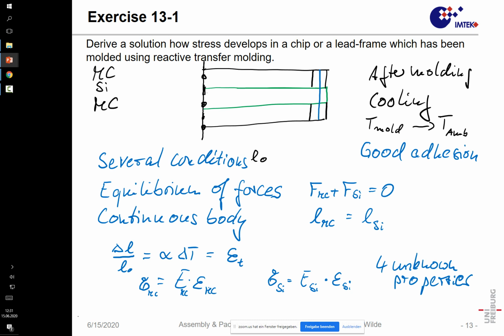Okay. But as we have, yes, what do we have? We have here the equilibrium of forces. That's one equation. We have a second equation which gives us the description of the continuous body here. That's a second equation. And the third, then we have this dependency, sigma is equal to E epsilon.